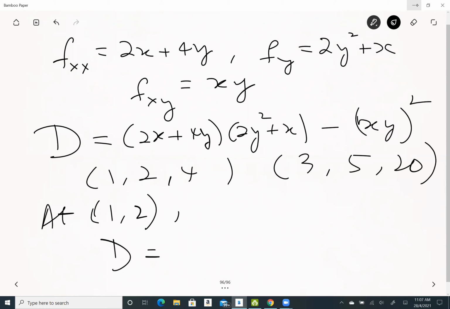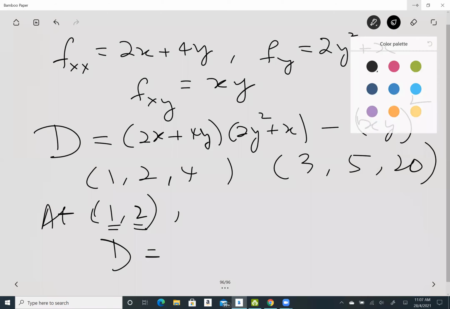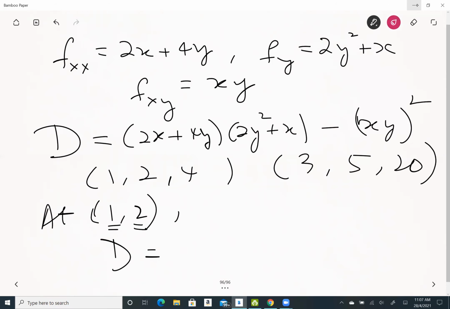Now you put in the value of the x and y at the critical point which we are testing, into the D. So don't worry how the D looks like. You substitute the value of the x and y at the critical point into the D. Of course, the critical point that we are testing.